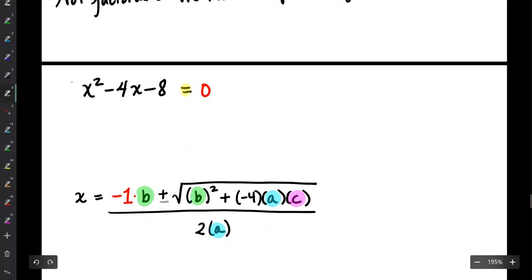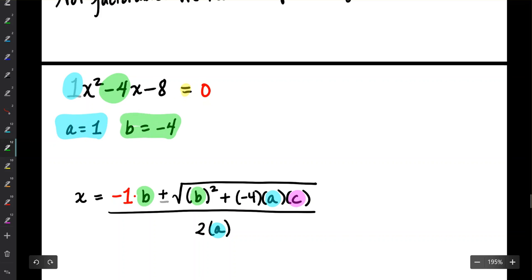In front of that x squared, there is a 1. Right here, A is 1. B is, don't make this mistake and say it's 4. That minus belongs to it. B is negative 4. A is 1.